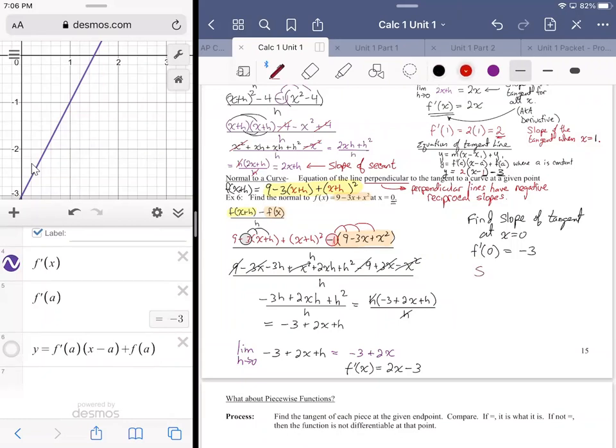The slope of the normal is the negative reciprocal of f prime of whatever your a value is. So -1 over f prime of a. All right, so this is my f prime of a because we're saying that this is the a value.